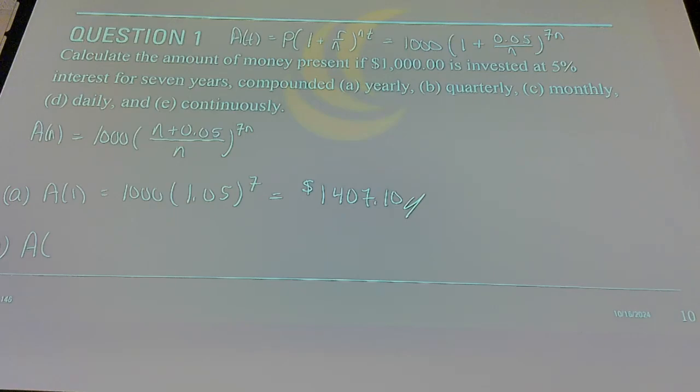What about for part B? We compound quarterly. So what is n? You have 4 compounds in a year. So it's no longer 1.05, it'll be 1.05 divided by 4, all raised to the 7 times 4, which is 28.